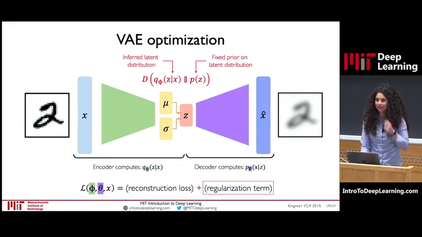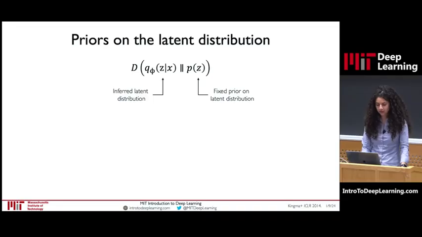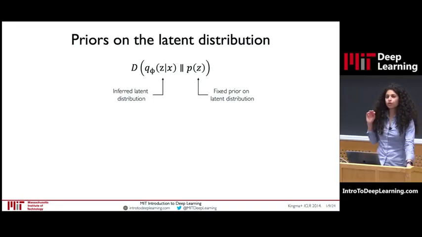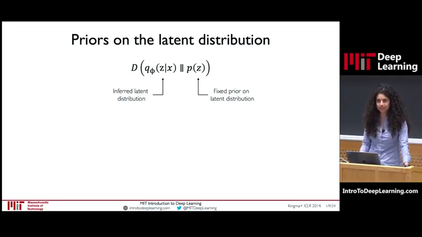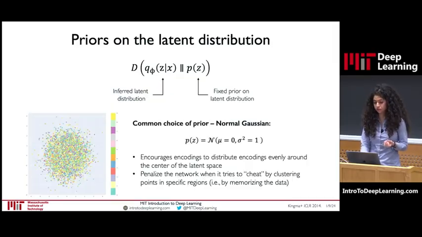Now the question comes, how do we choose that prior? So the most common choice, and what's done very, very frequently in practice, is to assume and place the prior of a normal distribution. What that means is it's normal Gaussian, meaning that we assume each latent variable is centered with mean 0 and has a standard deviation and variance of 1.